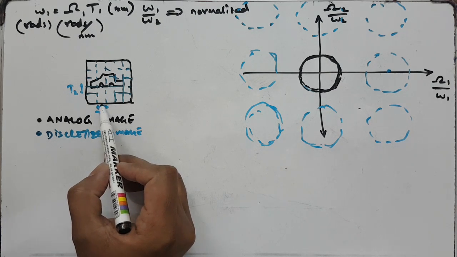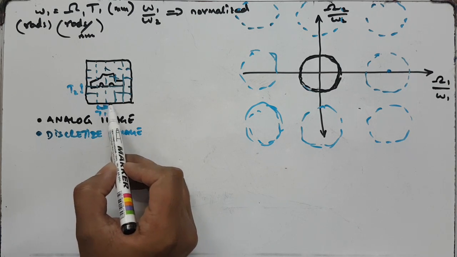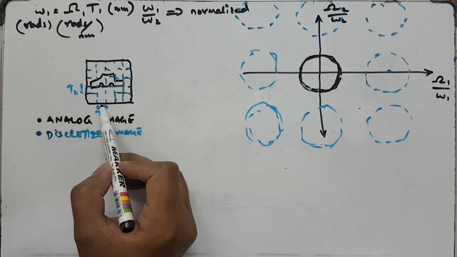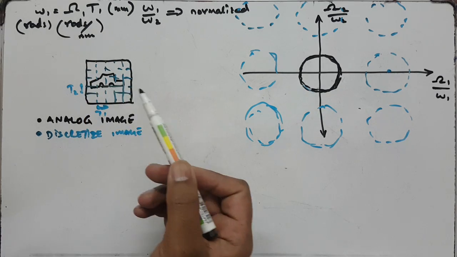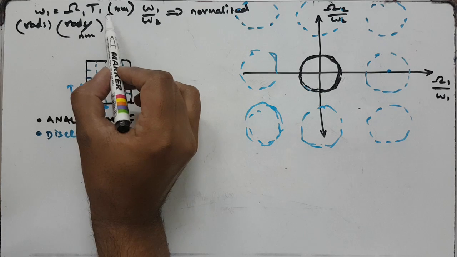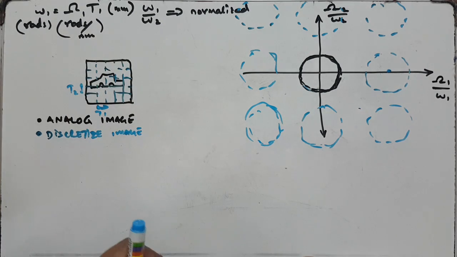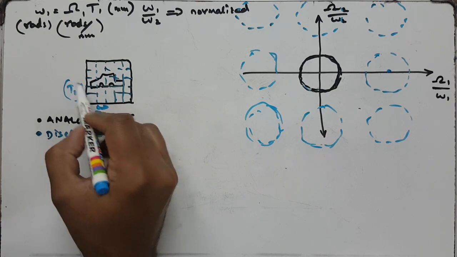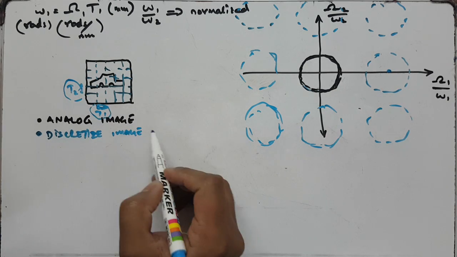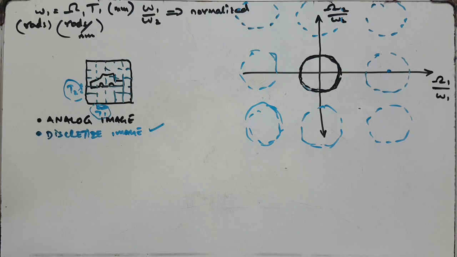So we really don't know what was the physical distance between the pixels or between the world points in space. So actually this is missing. So we don't know this. But what we have is a discrete image.